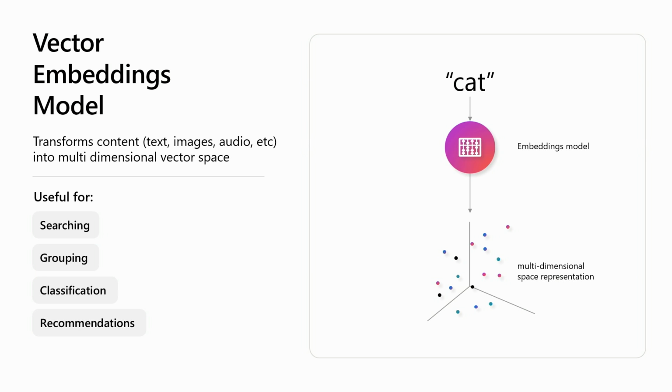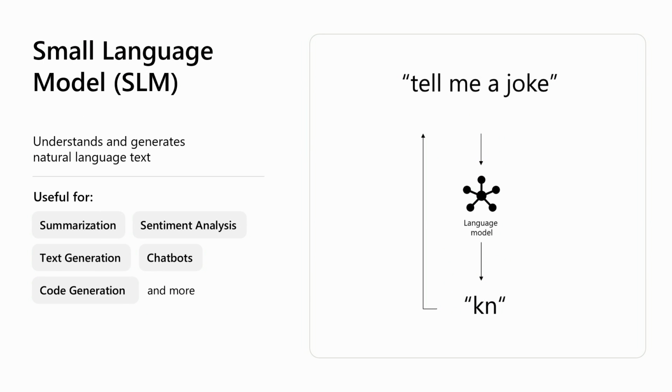And you're getting a number in a multi-dimensional space of what that page represents. So if you do cat and you run that model and you do tiger, it's going to give you a number that is very close because the meaning, it's semantic search, the meaning is very similar. And then we get that result, we get that page and send it to the small language model, in our case Phi3 mini.